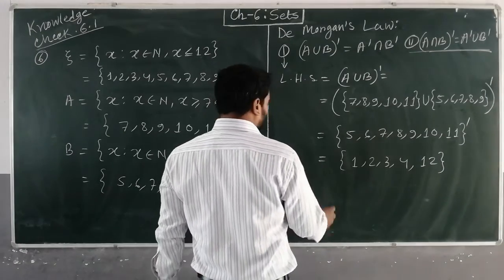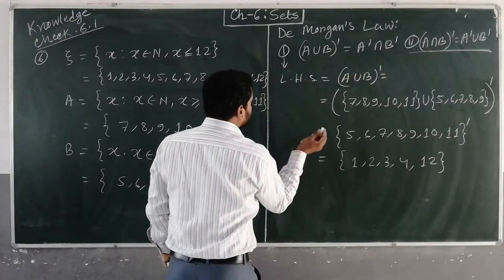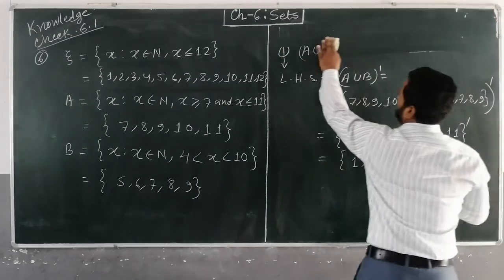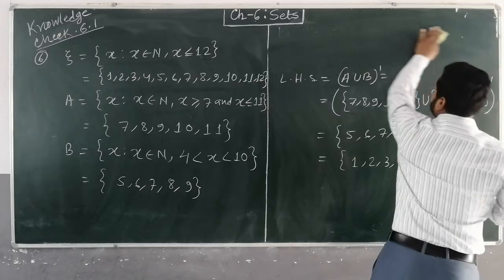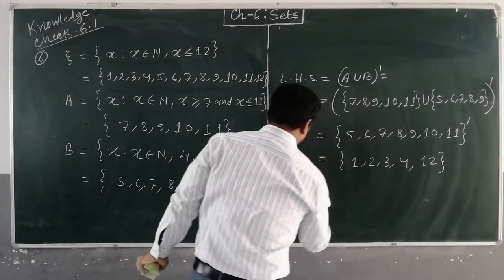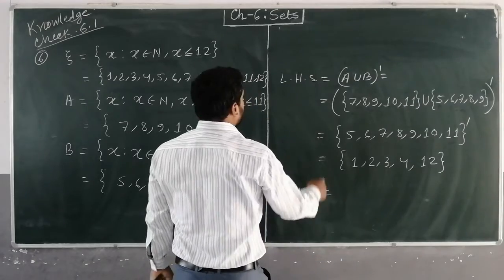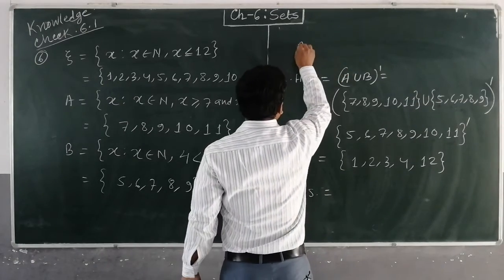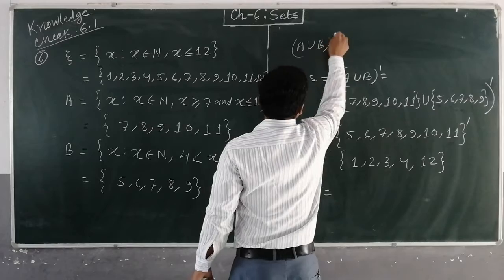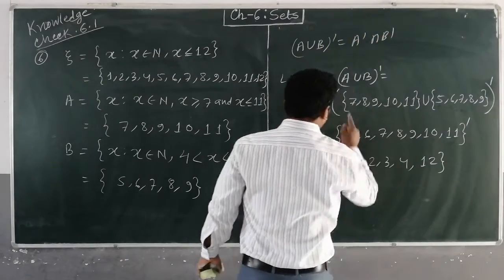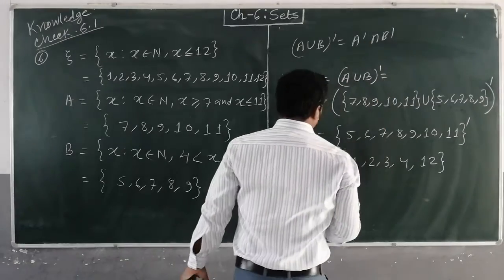Now you have to take the right hand side. I am writing the right hand side here. The right hand side was A complement intersection B complement.